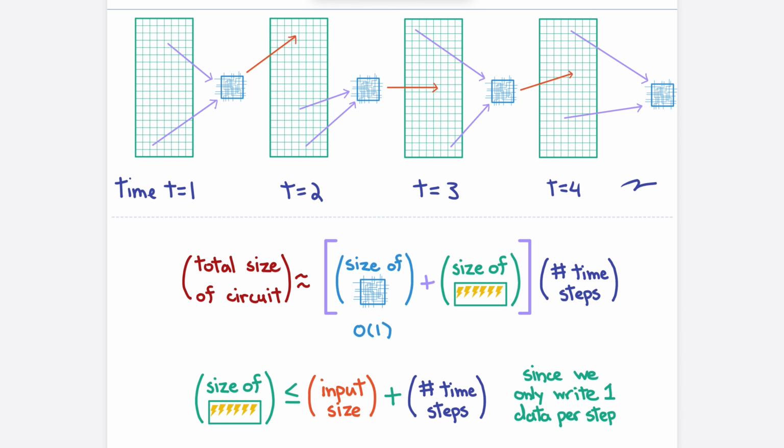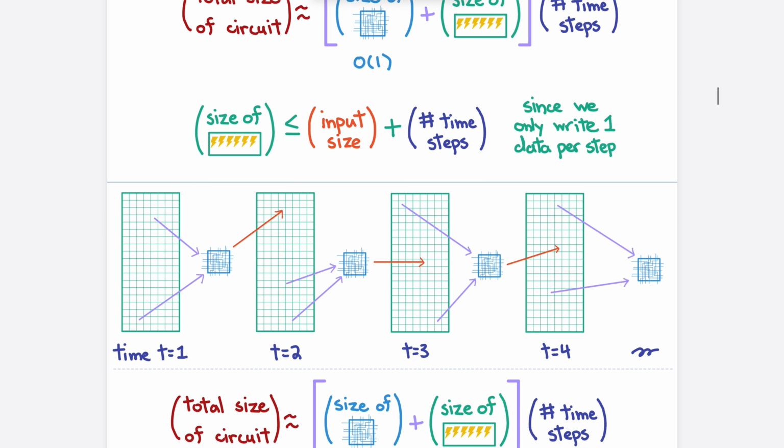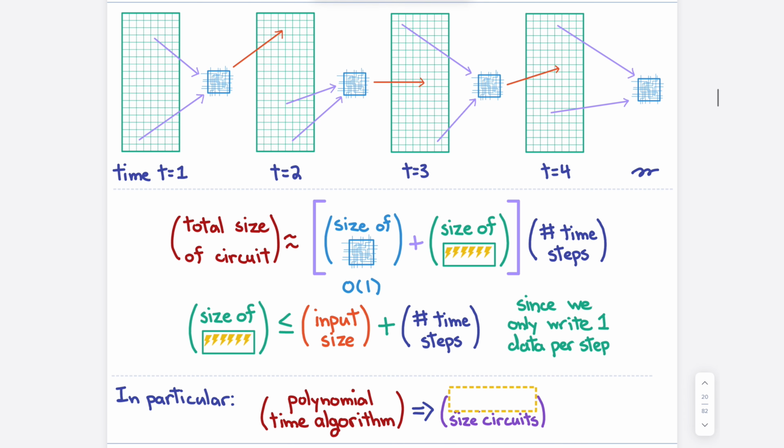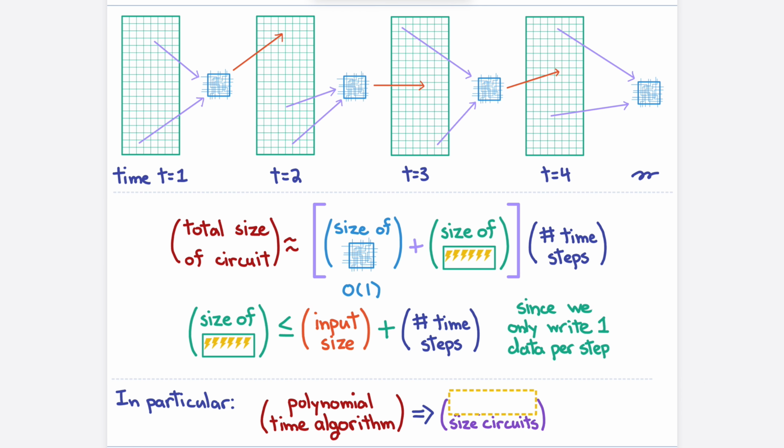What can I say about the size of the circuit? That means time is some polynomial in the input size, right? Like n cubed, n to the fourth, like all your homework problems. What can I say about the size of the resulting circuit?